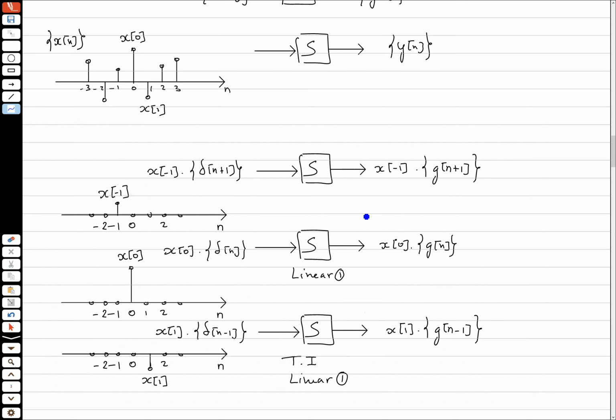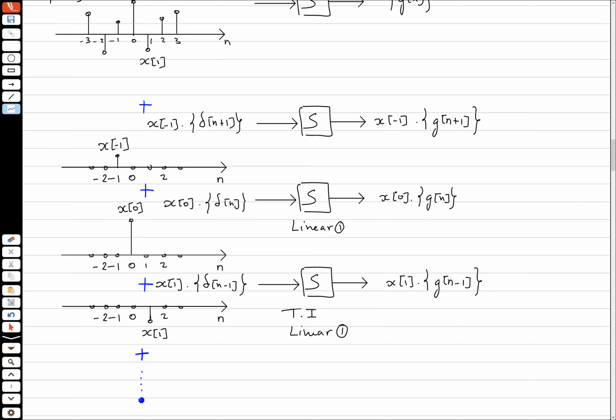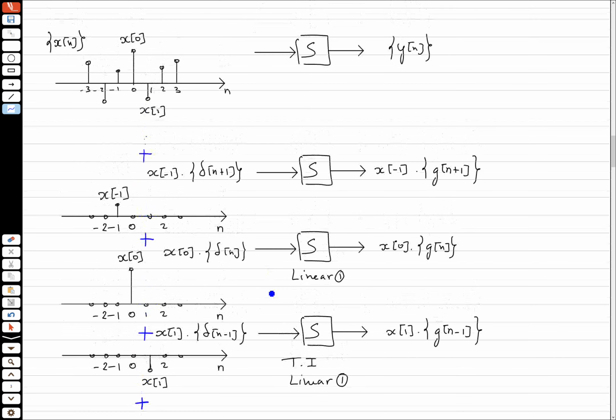So now my question is, what happens if I add all these sequences together? If I add all of them together, what happens? Yes, you get back x of n. All right, you agree with this?